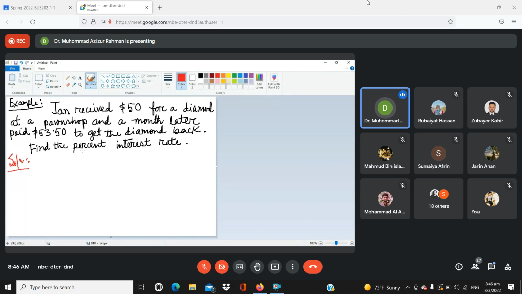So what is the amount paid back? 53.5. 53.5 is the future value. So what is the present value, the principal amount? 50. He received $50. And the future value is 53.5.